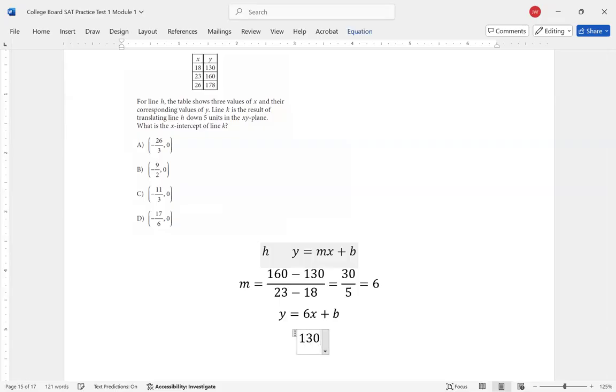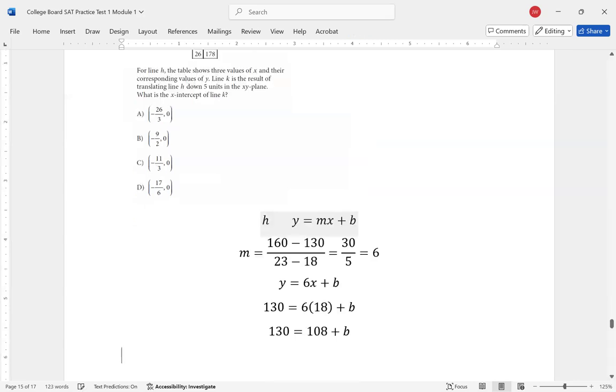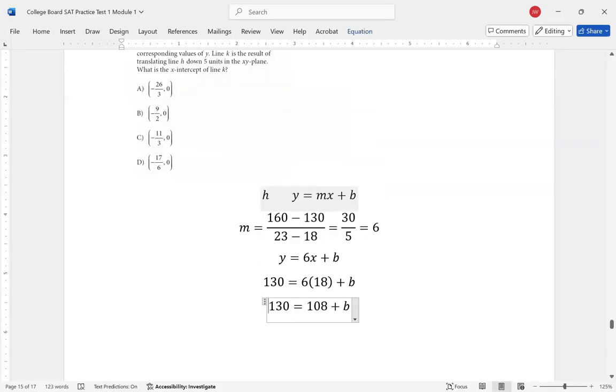So 130 in for y when x is 18. That allows me to solve for b. 6 times 18 is 108. So we end up with 130 is equal to 108 plus b. Subtracting 108 from both sides, we end up with a b value of 22.